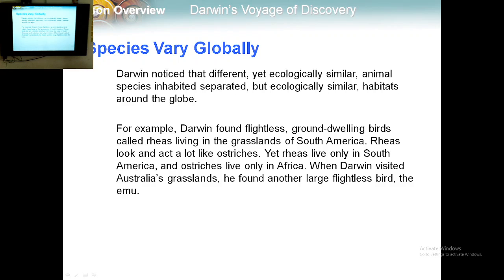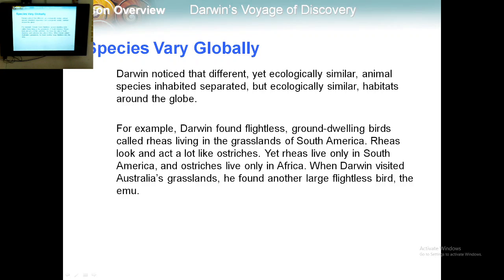As an example, Darwin found flightless, ground-dwelling birds called rheas living in the grasslands of South America. Rheas look and act a lot like ostriches, yet rheas live only in South America, and ostriches live only in Africa. When Darwin visited Australia's grasslands, he found another large flightless bird, the emu.